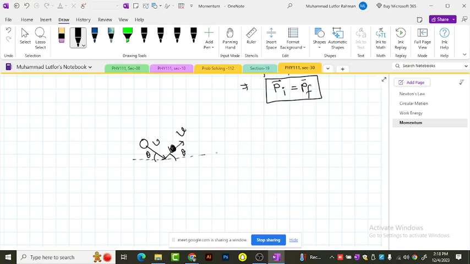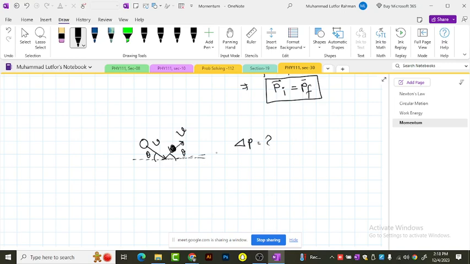So that means the velocity before the impact and after the impact are exactly the same, and also the angles are equal when it strikes and when it leaves the surface. Now the question is whether the momentum of this system is going to be conserved or not.